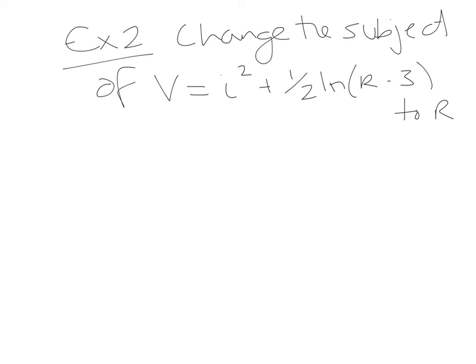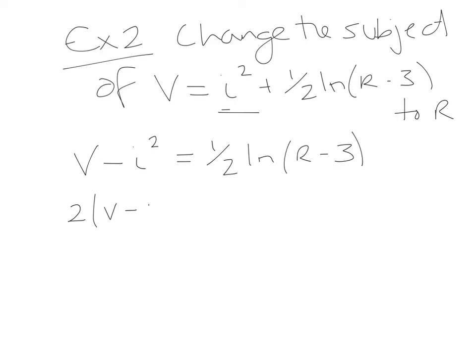So first of all, we will move the I squared. So it's going to be v minus I squared is equal to a half ln of r minus 3. We've got a half here, so we're dividing by 2 on the right hand side, so we will multiply by 2 on the left hand side, and that leaves us with ln of r minus 3.